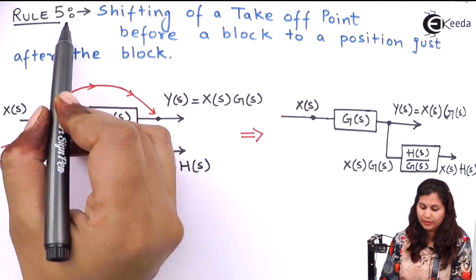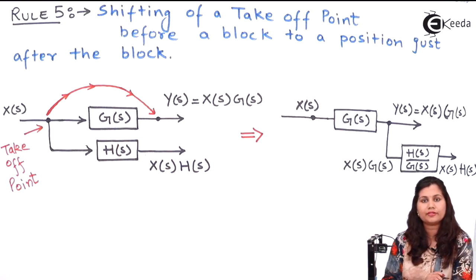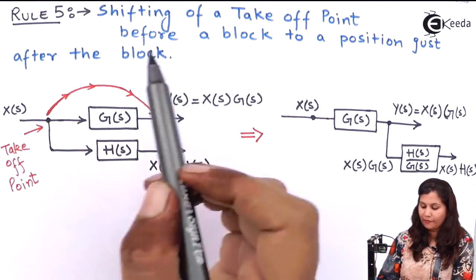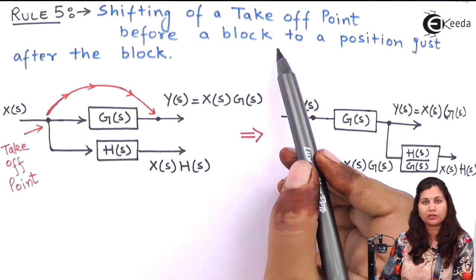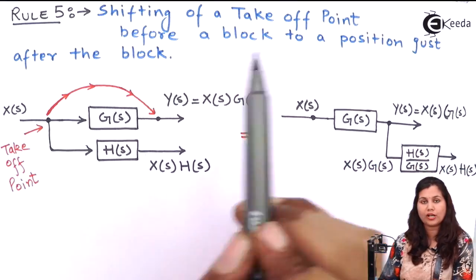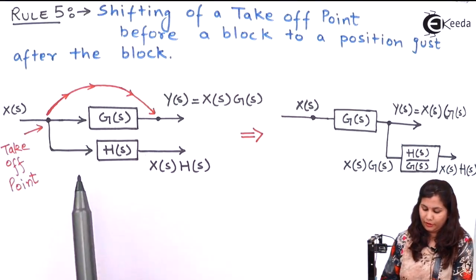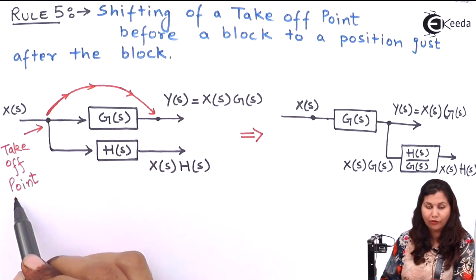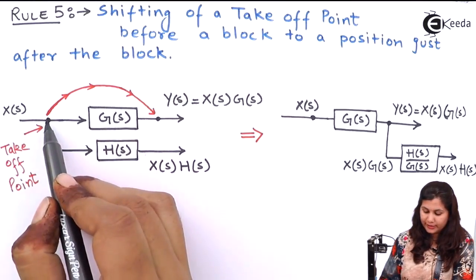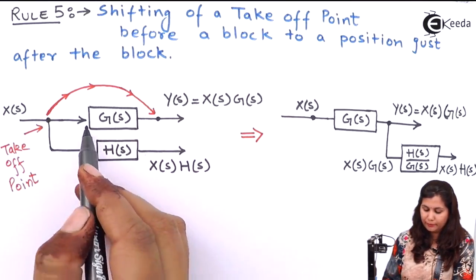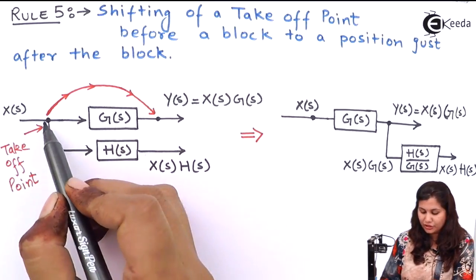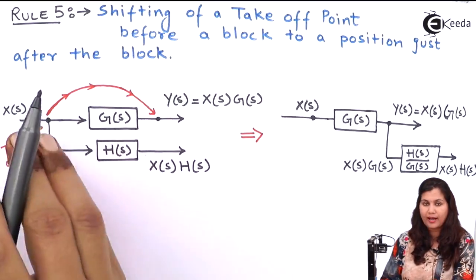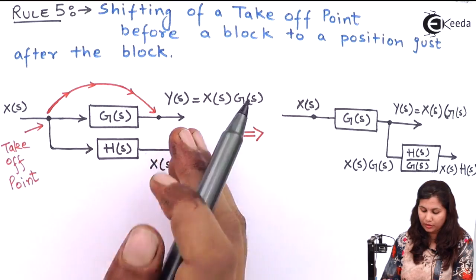So let's study the 5th rule for the block diagram reduction technique. The 5th rule is how we can shift a takeoff point which is present before a block to a position just after the block. This takeoff point is present before a block and we are shifting it to a position after the block.